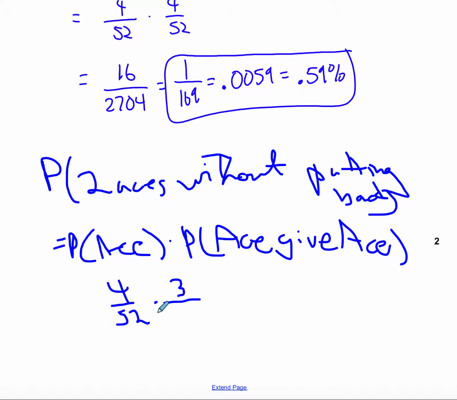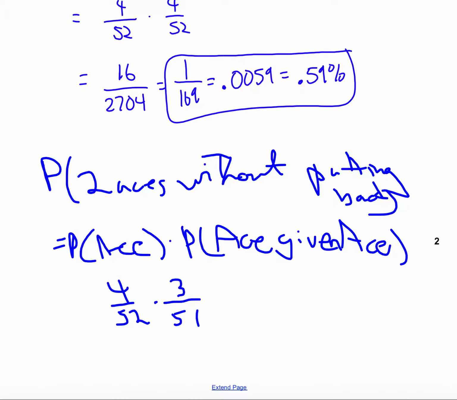And instead of being 52 cards, there's now only 51 cards. So that probability would be 3 out of 51. And then you still multiply them together. So you're still using that rule. It's just you can't use the rule of this being just independent events. You have to think about what is happening.